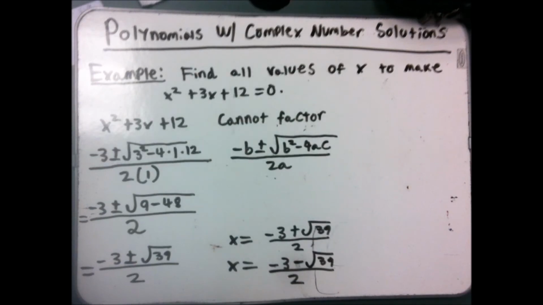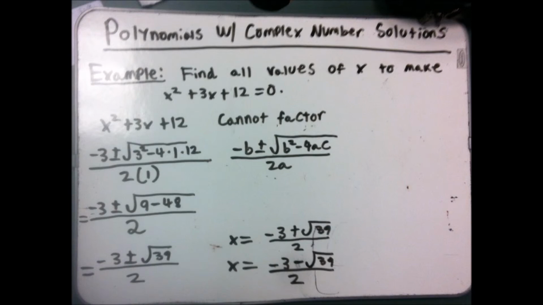While working out this problem, you'll find out that the junk under the radical is negative. That junk under the radical is called the discriminant, in case you want to impress your math teacher. All you have to do is take out the negative from under the radical by taking out an i and placing it in front of the radical.